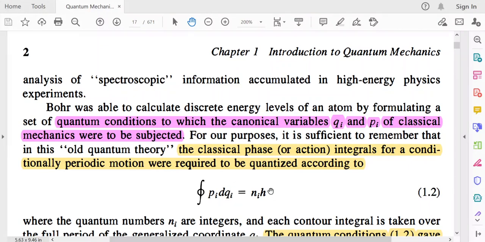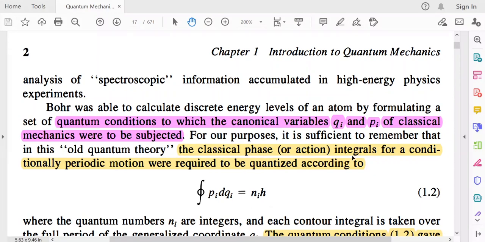So this relation is a link between classical mechanics and quantum mechanics. Why? Because this condition has been set up by using the canonical variables qi and pi of classical mechanics. This is the condition, closed integration pi dqi equal to ni h.